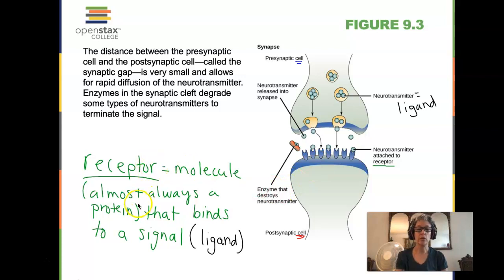So the receptor molecule is almost always a protein, and it is that which binds the signal. The signal is called the ligand, that which is sticking to the receptor. This example is showing neurotransmitters, but this happens in other types of cells. And because these 2 cells are very close to each other, but they are not connected by gap junctions, this would be an example of paracrine signaling.